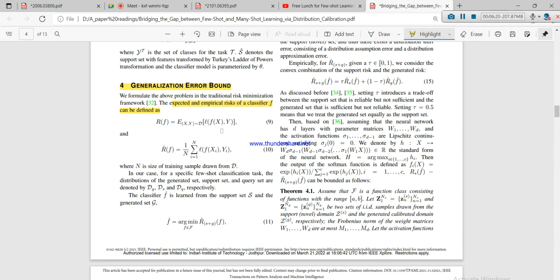The capital N is the size of the training sample drawn from the distribution D. In few-shot classification tasks, the distributions of the generated set, support set, and query set are denoted by DG, DS, and DQ respectively. The classifier is learned from the support set S and the generated set G.